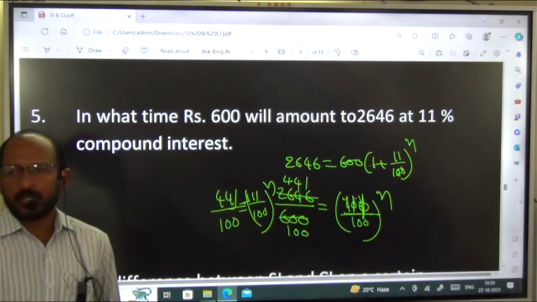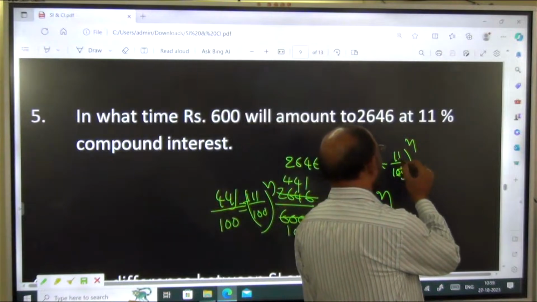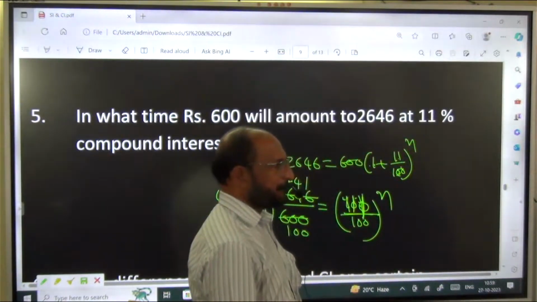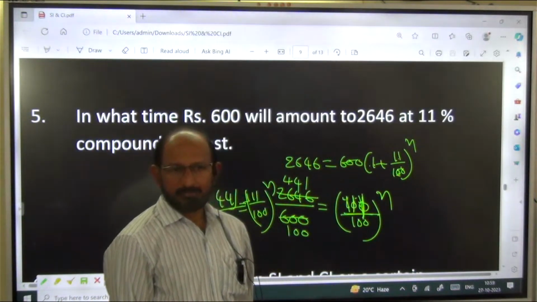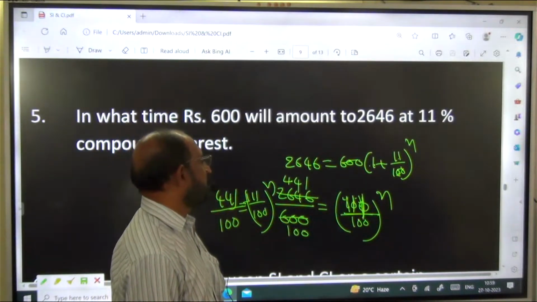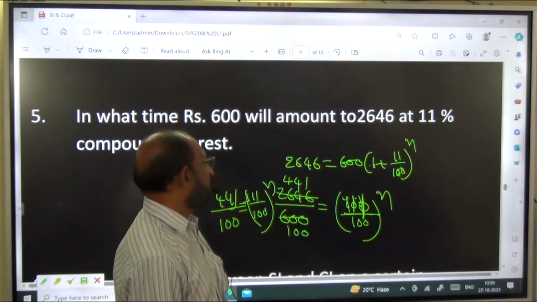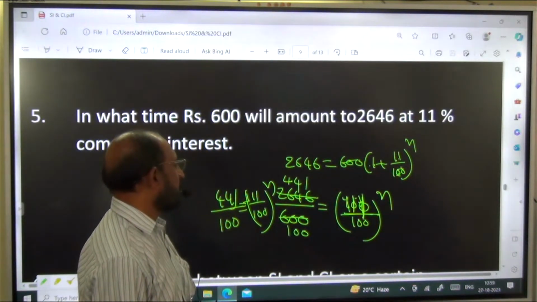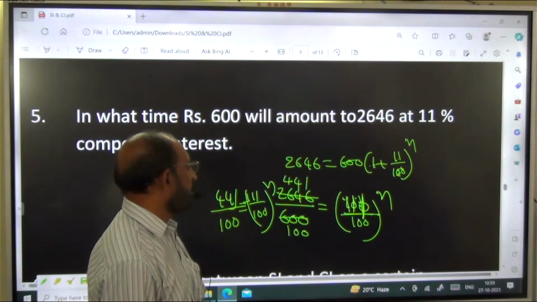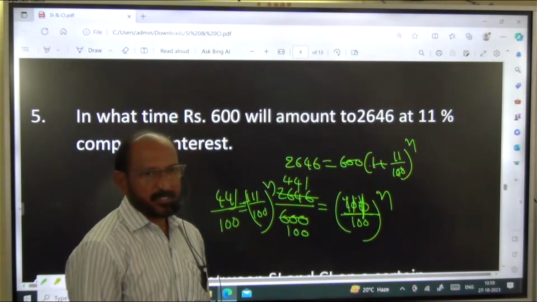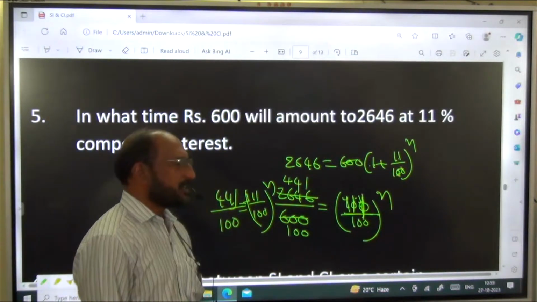Okay, calculation problem. This we have to, it should be less than that, means 21 should get there. If 22% is there, no. Okay, some calculation problem.